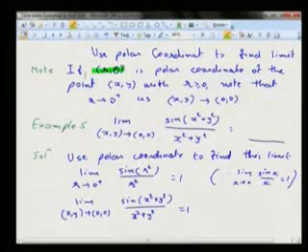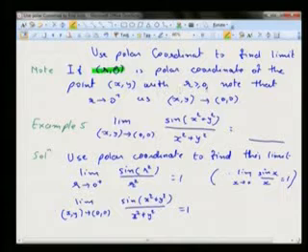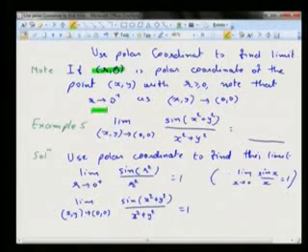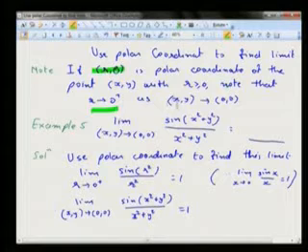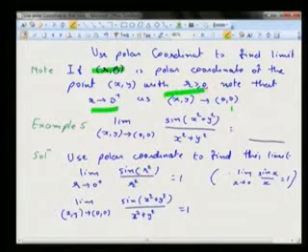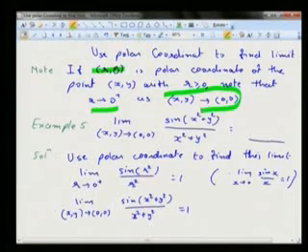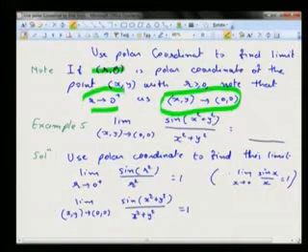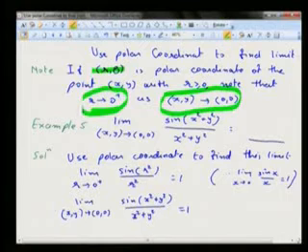If r and theta are the polar coordinates of the point (x, y) with r greater than 0, note that whenever (x, y) tends to (0, 0), then in polar coordinates our radius r tends to 0 plus, the positive side, because r is not equal to 0.